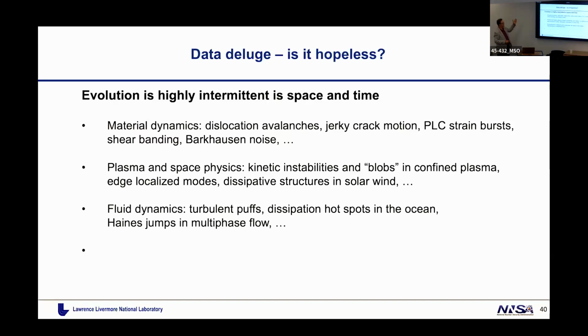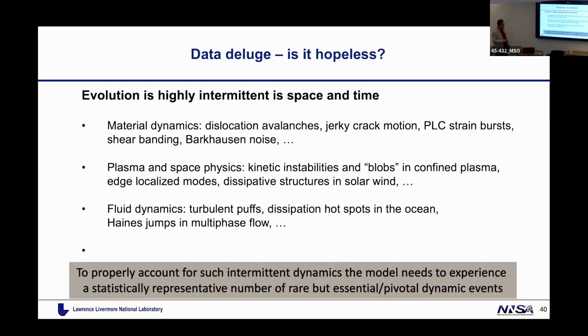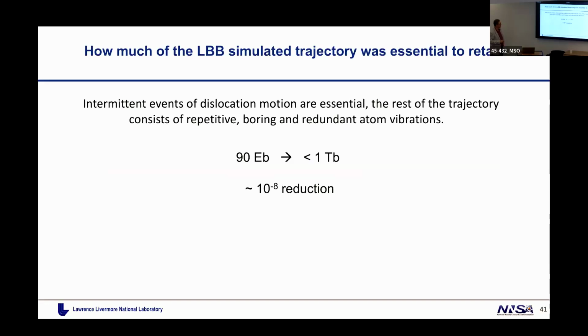Things like that happen in plasma physics, space physics, fluid dynamics and so on. And my take on it, again rather speculative and subjective, is that you only need to focus on these pivotal events. Most of the rest of the trajectory, because it's so huge, can be not even looked into. But the point is, how do you extract these events?